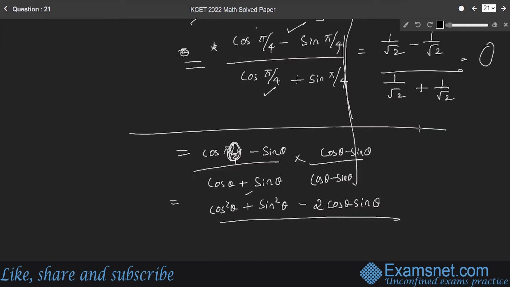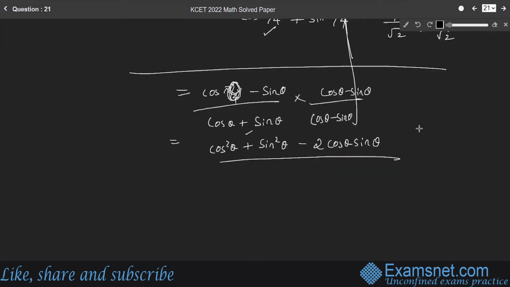by the denominator, which is in the form of a plus b into a minus b, which is a square minus b square, cos square theta minus sin square theta. Here, cos square theta plus sin square theta is 1. 1 minus 2 cos theta sin theta is 1 minus sin 2 theta, divided by cos square theta minus sin square theta, which is cos 2 theta.